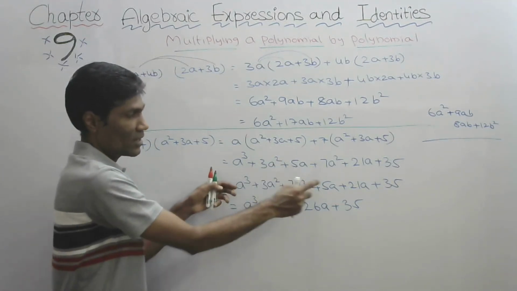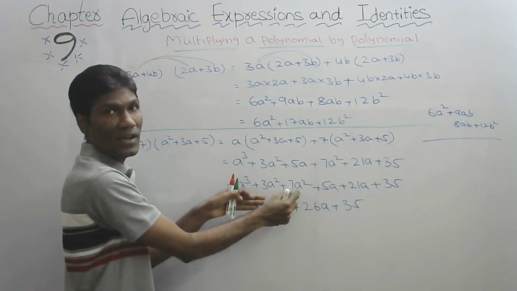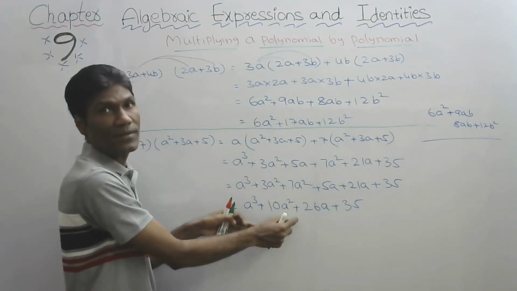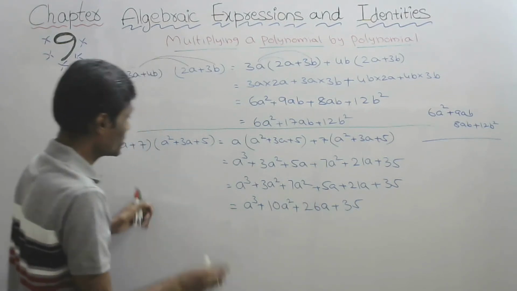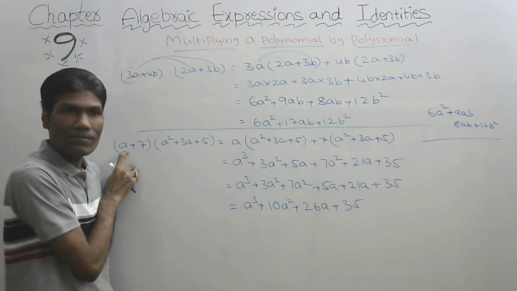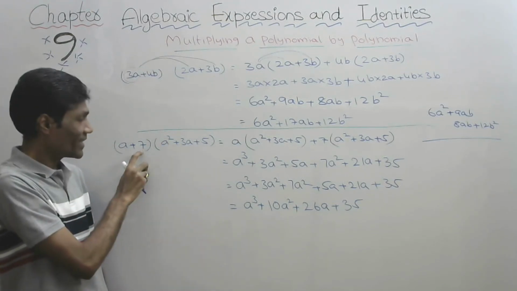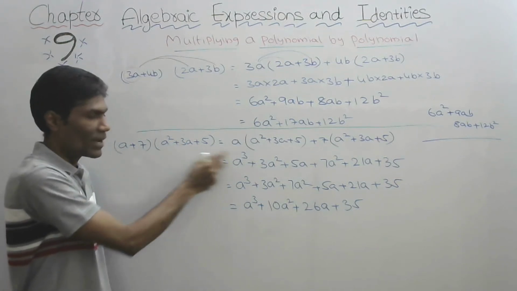So 2 points to remember. The first one, like terms we are getting side by side and we are adding here. And the second point, that is the basic concept of how to do this. Take the first term and multiply the whole second part. Take the next one and multiply the whole.